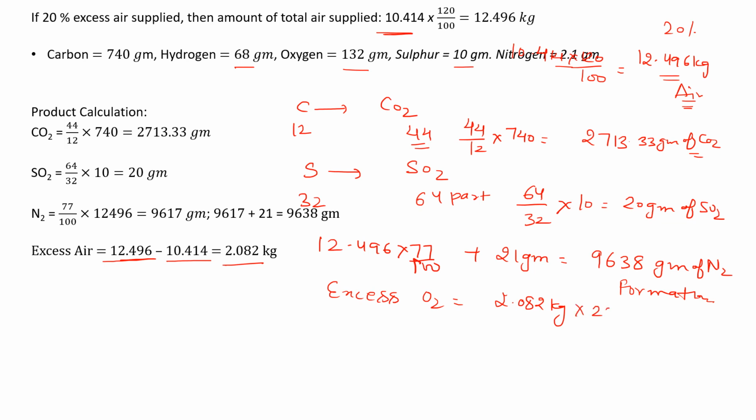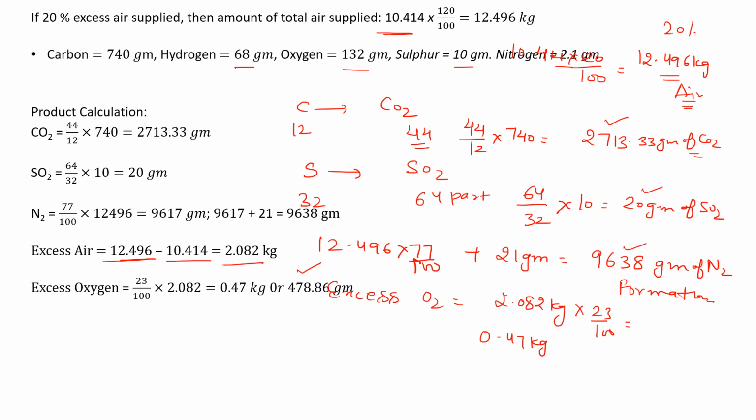The oxygen is 23 by 100 of that, so 0.47 kg, or we can write 478.86 gram of oxygen.